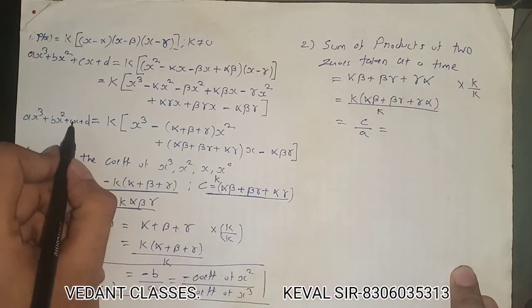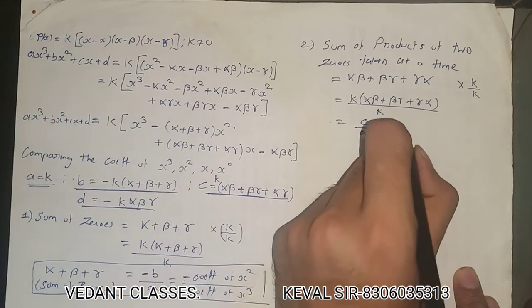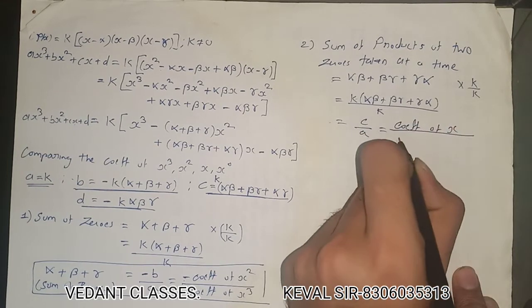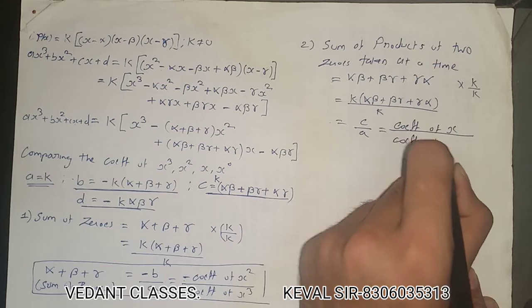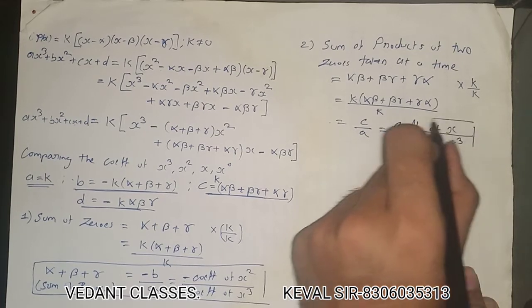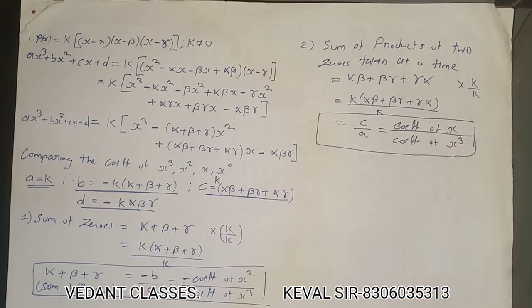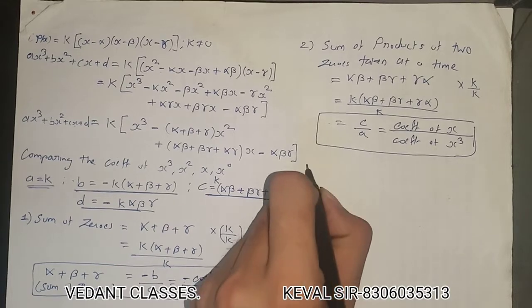You can see over here, c is the coefficient of x. So this will be the coefficient of x upon the coefficient of x cube. So this is the sum of products of two zeros taken at a time.